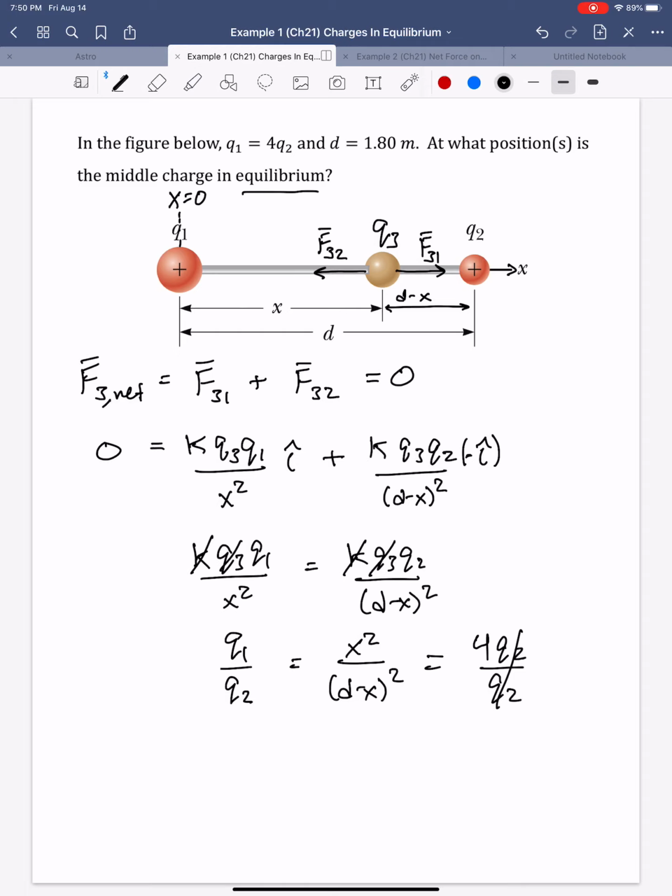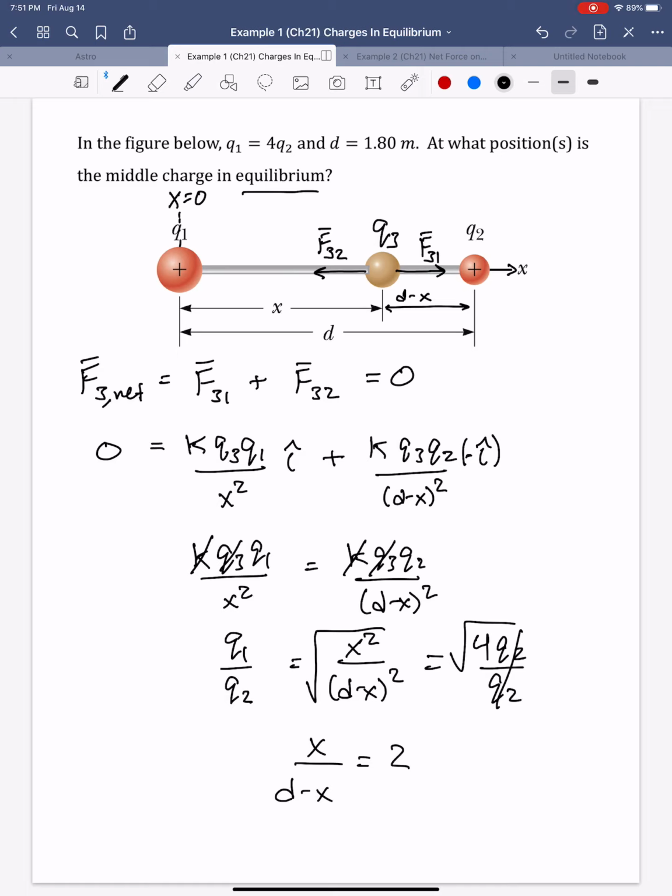Now we can actually square root both sides of this equation, which is handy. That gives us x over d minus x equals 2. I don't need parentheses now.